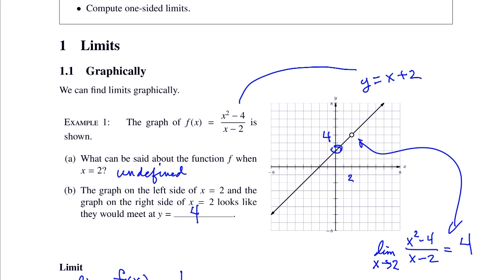And those function values can come from x plus 2. We know that x plus 2, if the x is equal to 2, gives me this 4 that we have. And that's why we're allowed to substitute that function in for the original x squared minus 4 over x minus 2. These two functions have exactly the same values, except when x is equal to 2, which is a value that we don't care about when we are taking a limit.